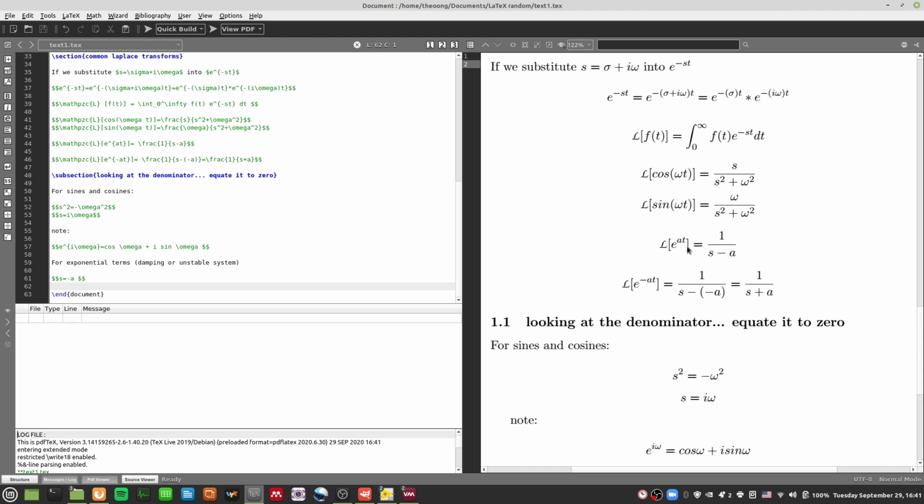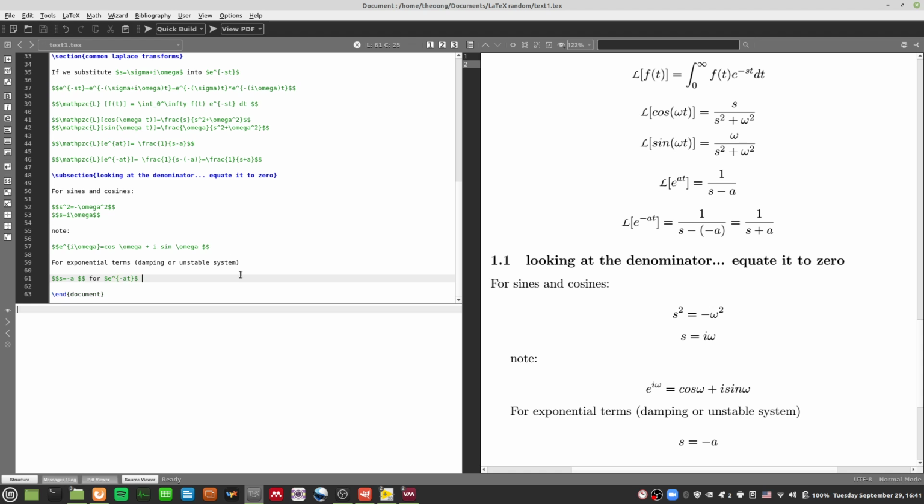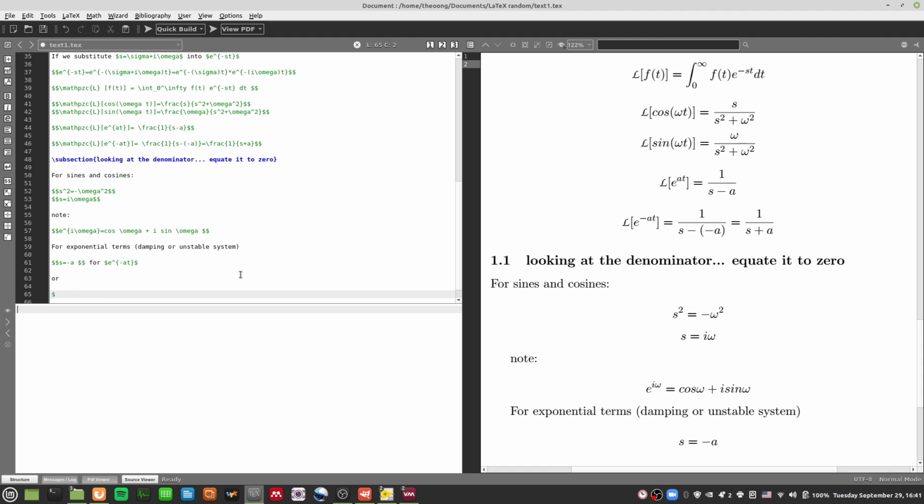If you take a look at e to the minus at, s equals minus a, so the power is at the bottom, or s equals plus a for e to the at.